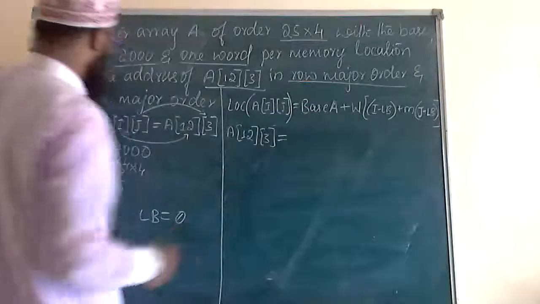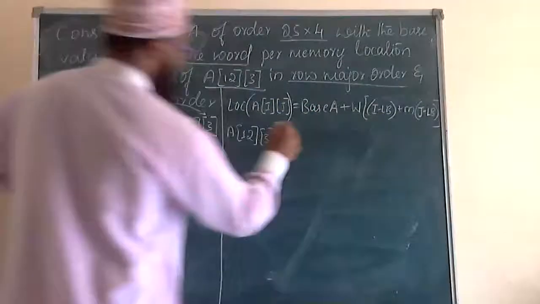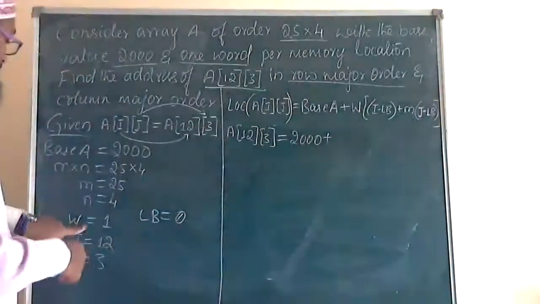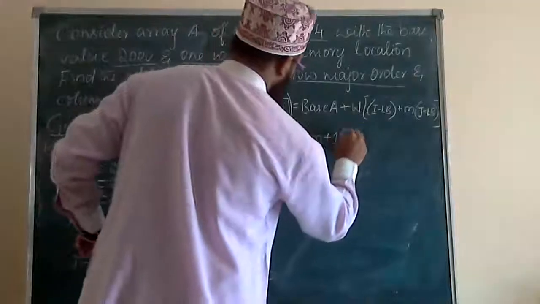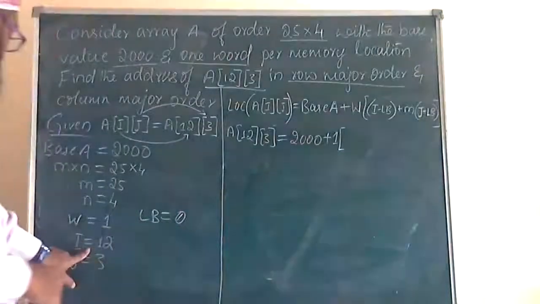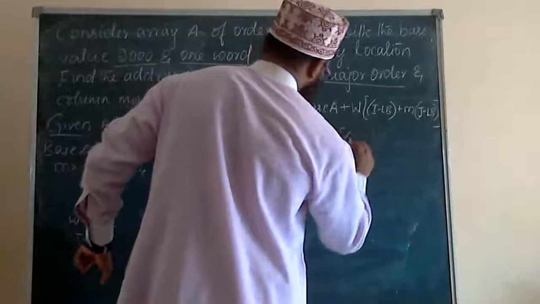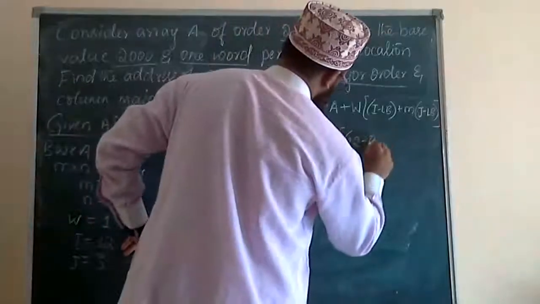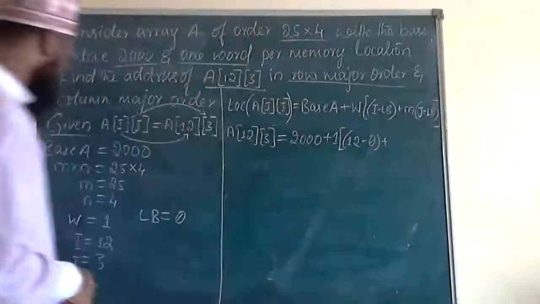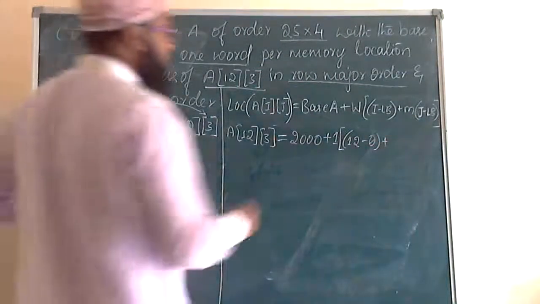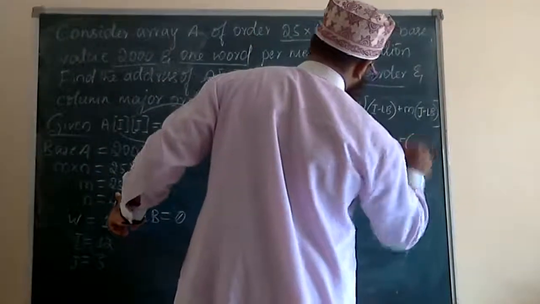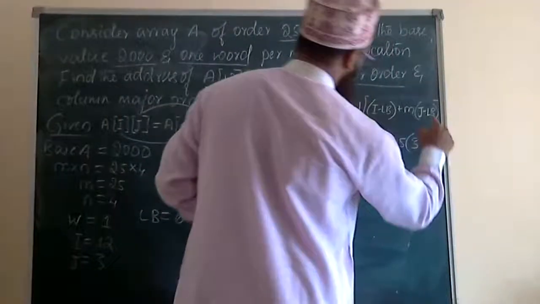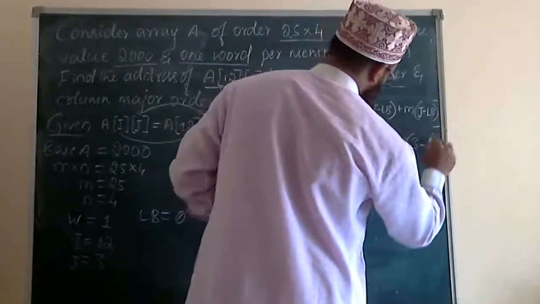Which is equal to base A, 2000, plus word W, which is 1, into I is 12, 12 minus LB, which is always 0, plus M, which is 25, into J, which is 3, minus LB, which is 0.